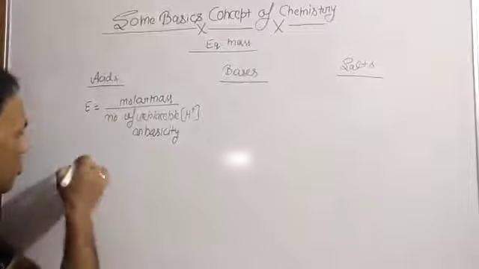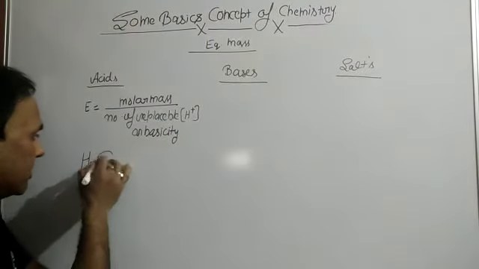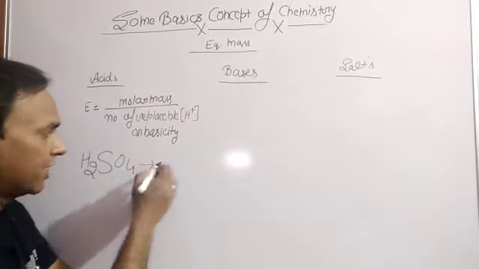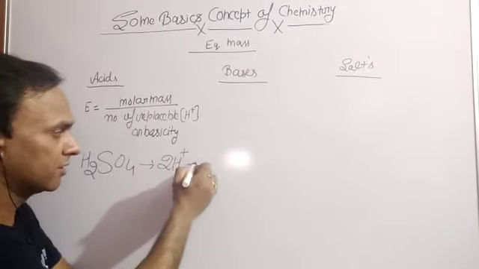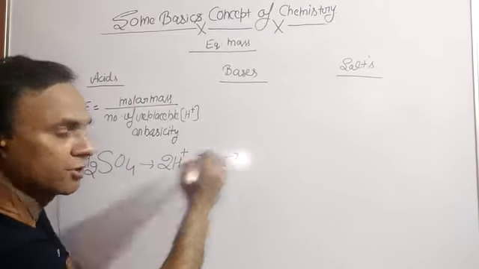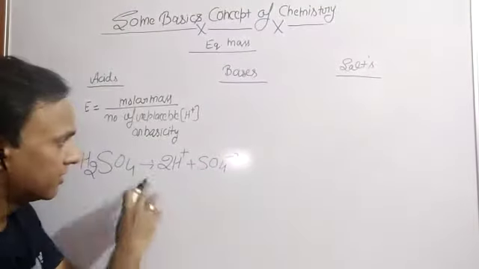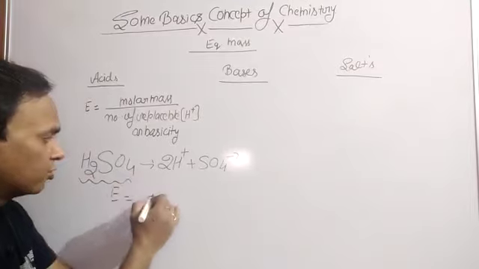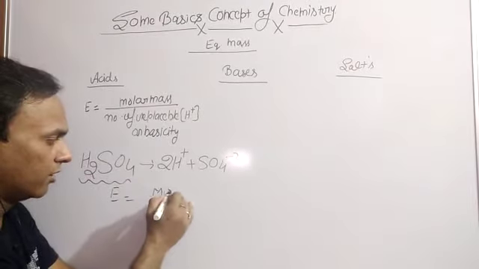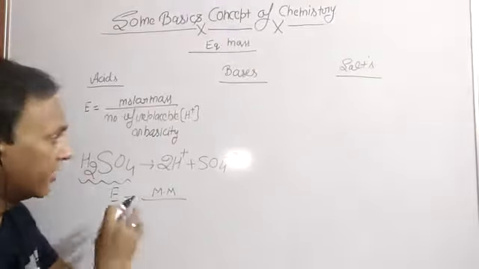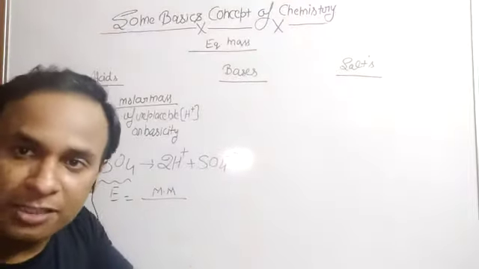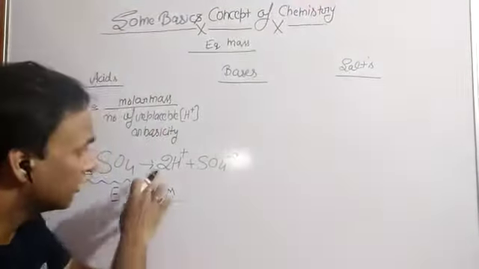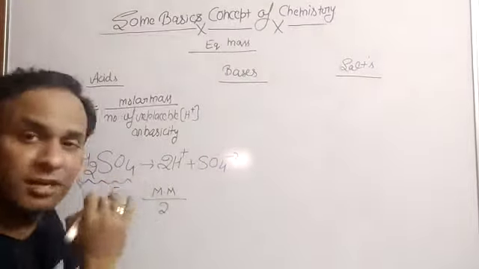Example, suppose we talk about sulfuric acid, H2SO4. In H2SO4, the replaceable hydrogen is 2H+ and SO4 2-. In this case, the equivalent mass of H2SO4 is the molar mass of H2SO4 divided by the number of replaceable hydrogen, that is called basicity, and the number of replaceable hydrogen is 2, that means divided by 2.